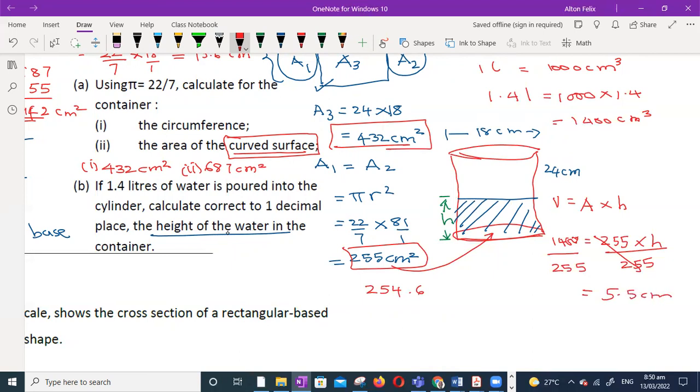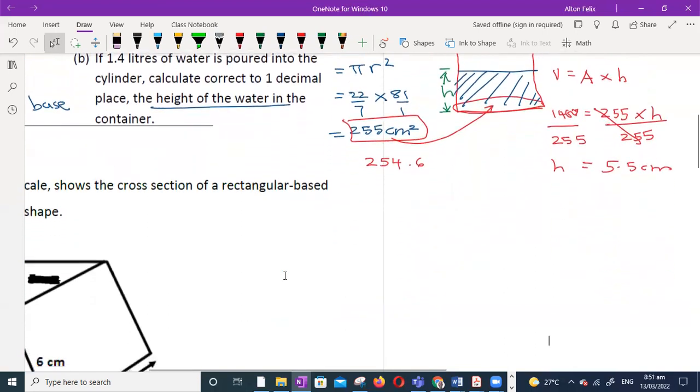Right, so that'll be our answer for part B. Okay, let's go on to question number 2.